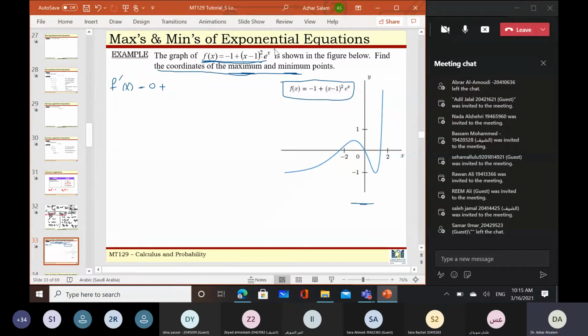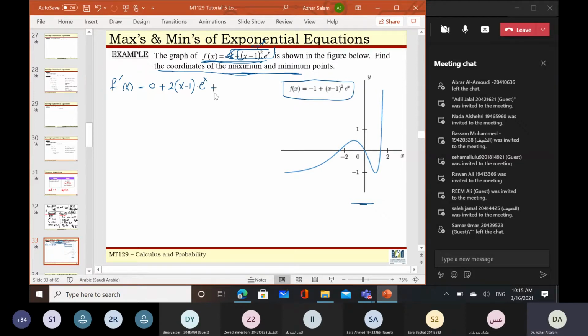So I will apply the product rule here. I take the derivative of the first one, which is 2 times x minus 1, and the derivative of what is inside is 1, multiplying by the second one, which is e to the power x.